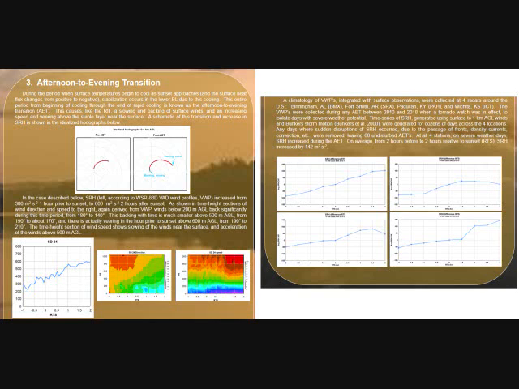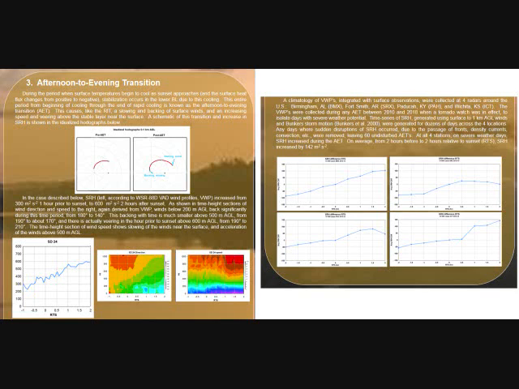This causes, similarly to the RIT, a slowing and backing of surface winds. Again, it stabilizes the lower levels, so you don't get as much of that vertical momentum transport. So surface winds tend to slow and back, and winds above the surface, up in the higher parts of the boundary layer, tend to increase in speed and veer.